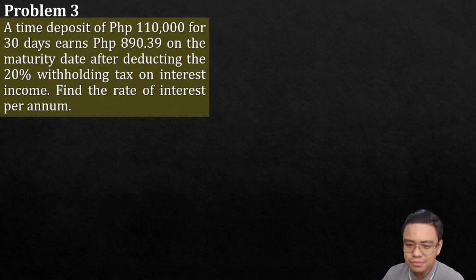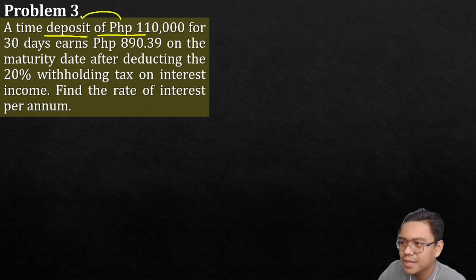Now, first of all, I think the first thing that you're going to identify here is the mga amounts natin. So, a time deposit of 110,000. So, we understand that there is a deposit. And that deposit, there's the of. Of is actually a preposition. And it describes what kind of deposit.